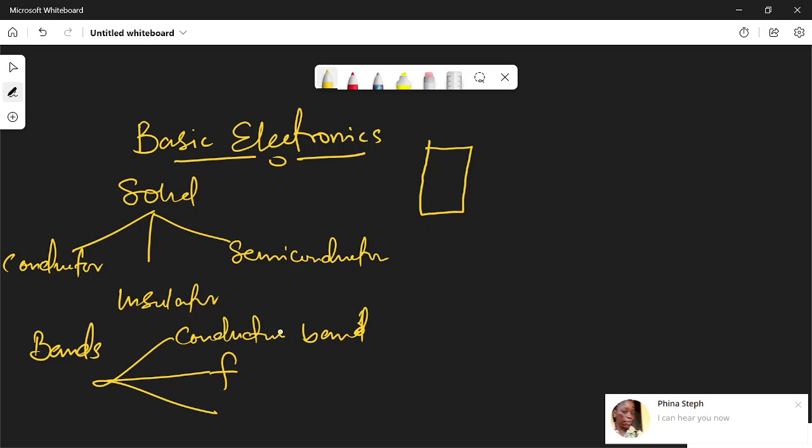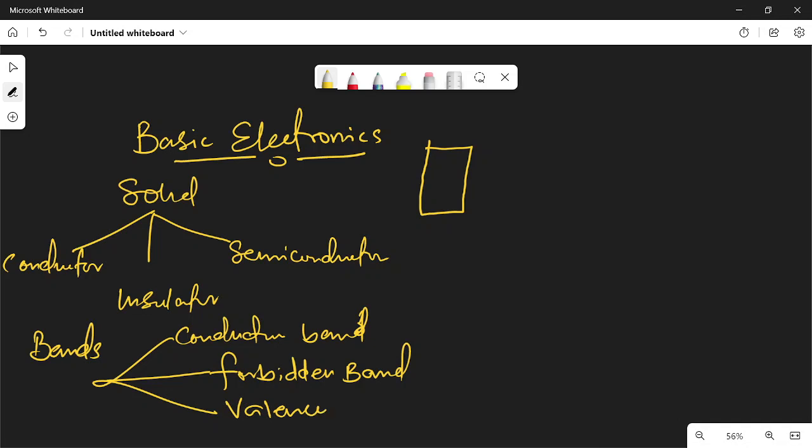You can either call it forbidden band or you call it fabricated band. Then we have valency band. Now these are the three bands that we have in every material. Are you getting it now?